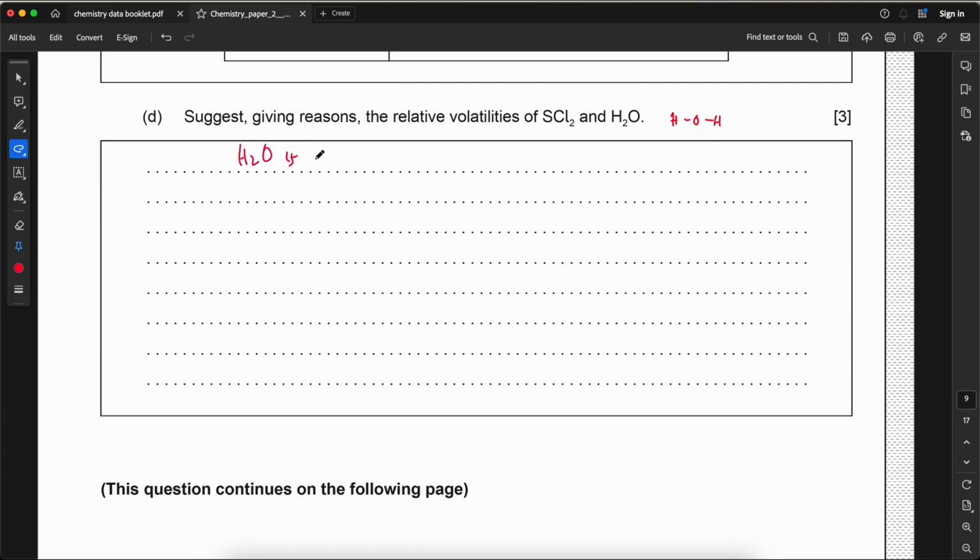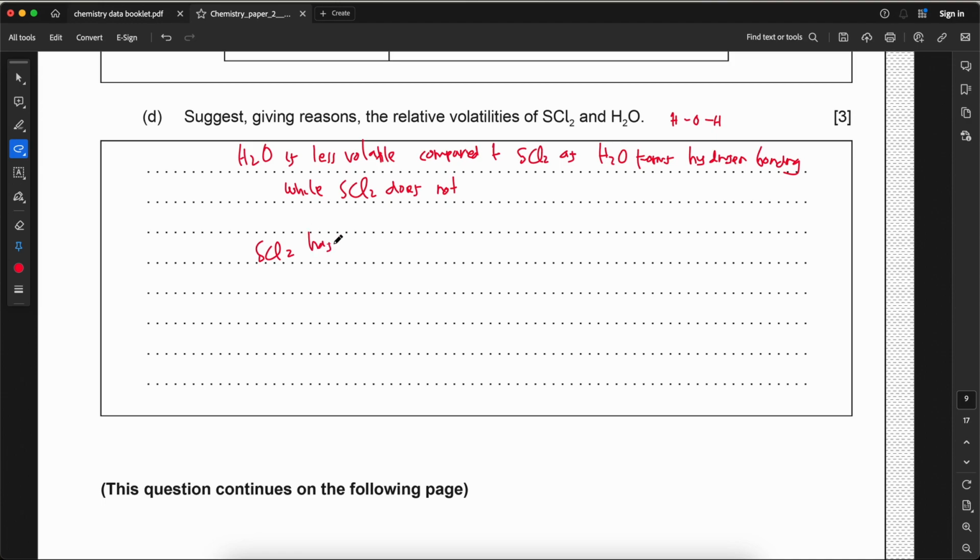H2O will be less volatile compared to SCl2, as H2O forms hydrogen bonding while SCl2 does not.